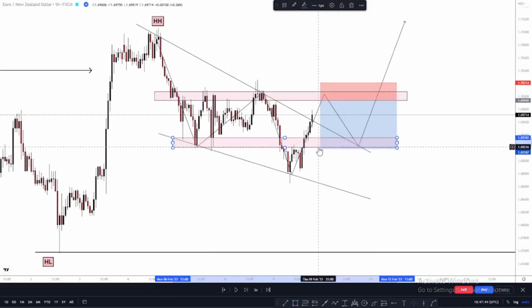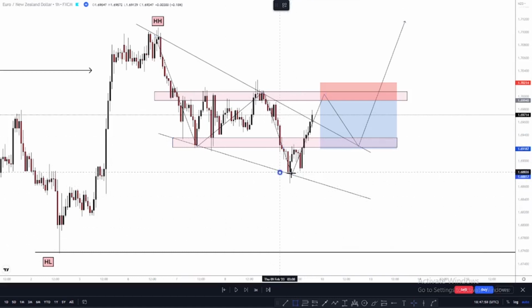And in case price gets here and fails to create the right shoulder and breaks below this left shoulder, where will my second take profit be? It will be at this low right here. This is where my second take profit is going to be.